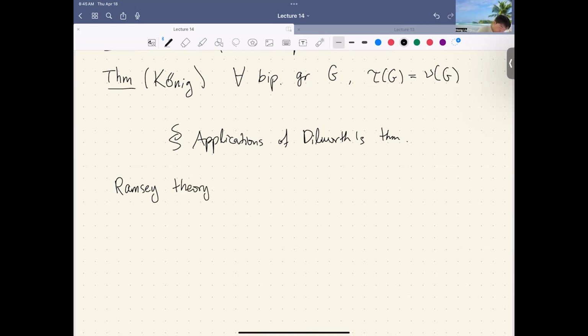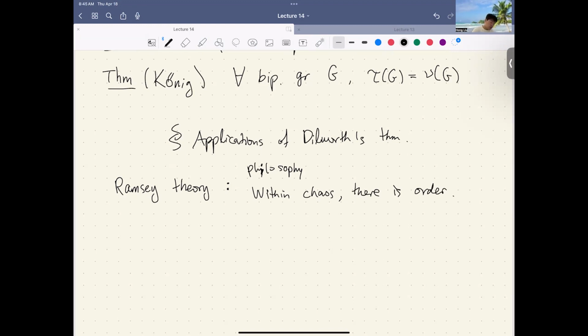The philosophy of Ramsey theory is that there is always some order within chaos.